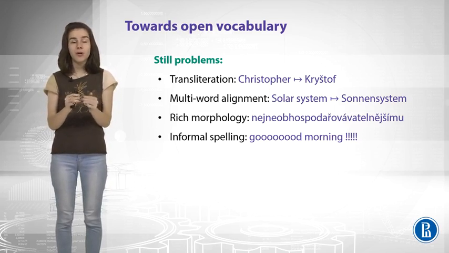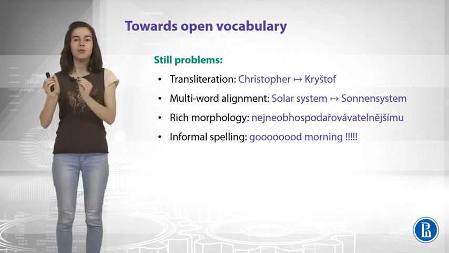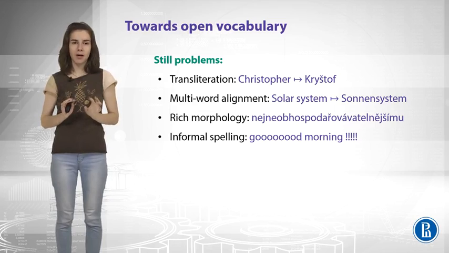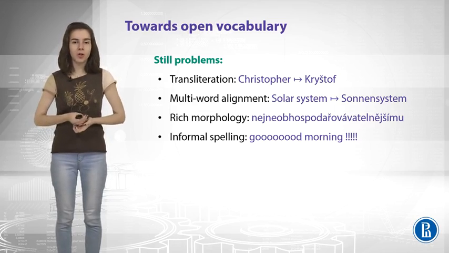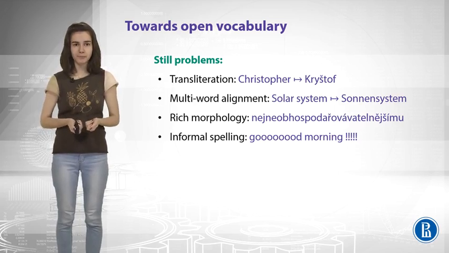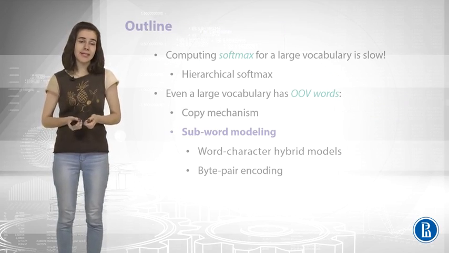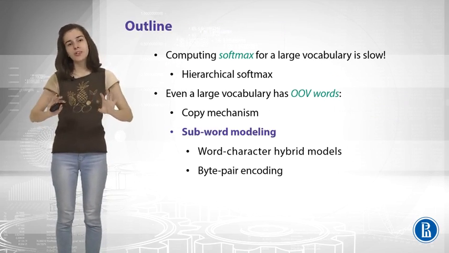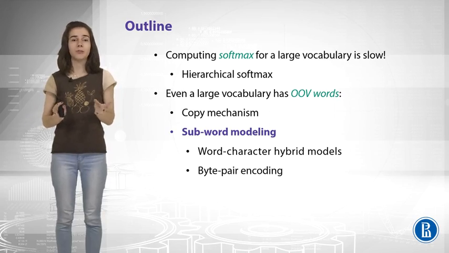For example, for rich morphology, it would be nice to model every piece of the word independently. Or for informal spelling, it would be definitely good to model them by letters, because there is no chance to find these words as a whole in the vocabulary. Okay, so there are two big trends in sub-word modeling.